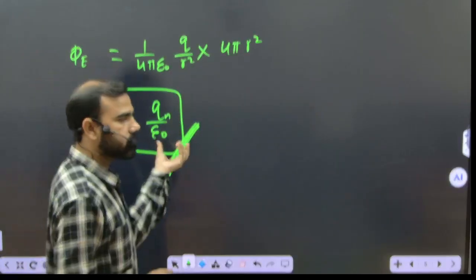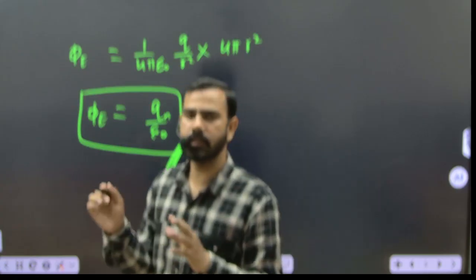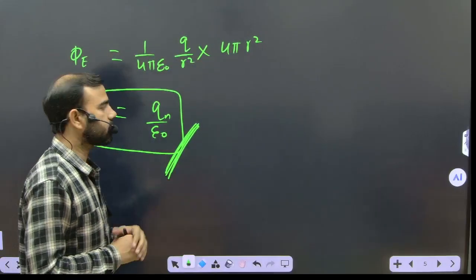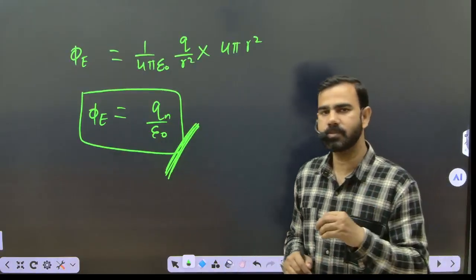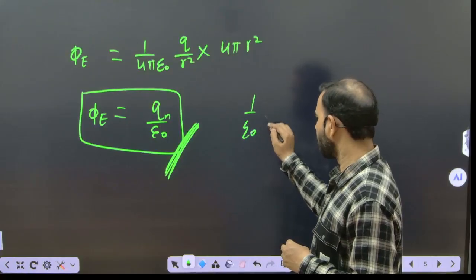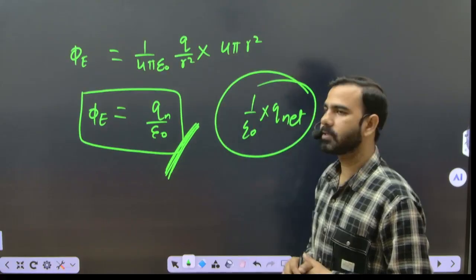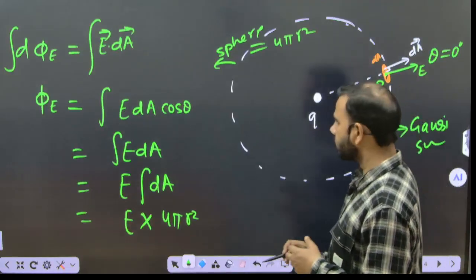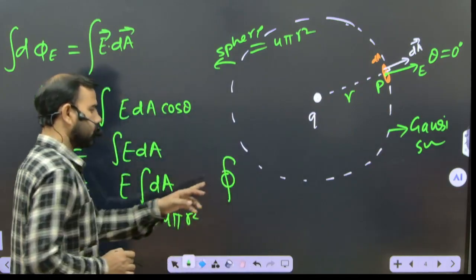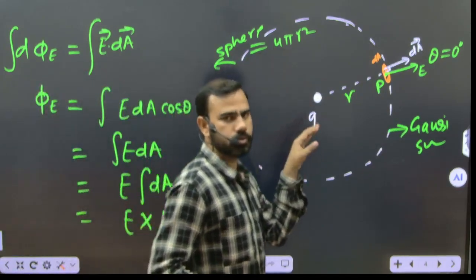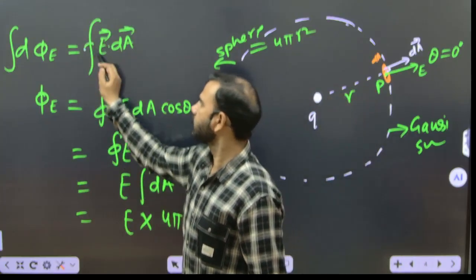We can state it like that: the total electric flux through any enclosed surface is equal to 1 by epsilon naught times the net charge enclosed by it. Don't be confused, here it is a closed integral, because the surface is closed, so we take the closed integral.